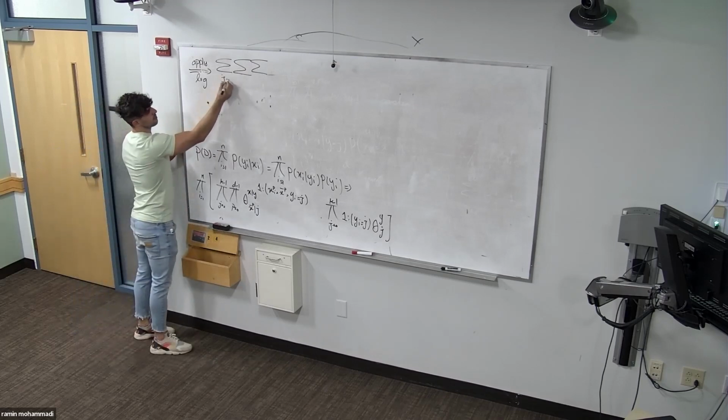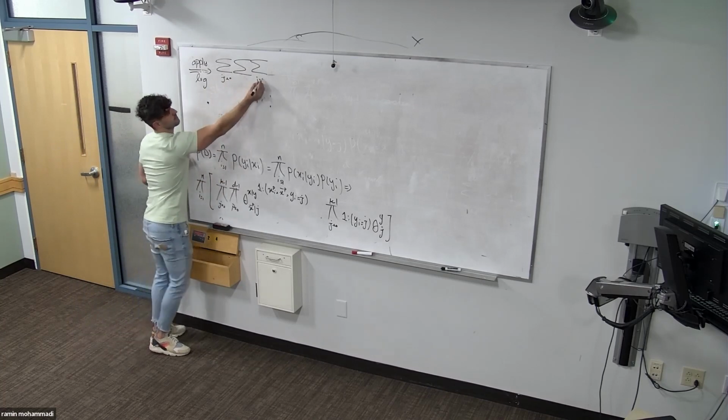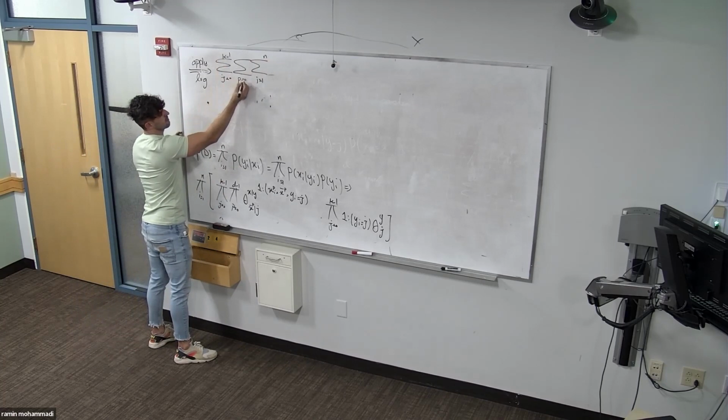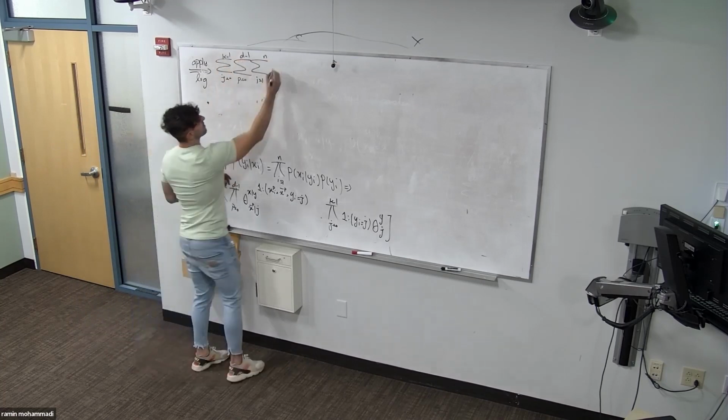I already took the i from 1 to n inside, so this becomes i from 1 to n. And there is the one expression.